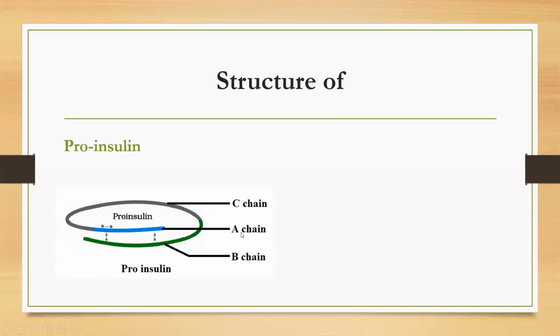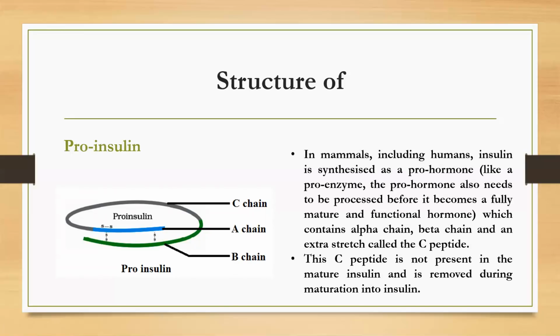This A chain is also called the alpha chain or the acidic chain. B chain is also called the beta chain or the basic chain, and the C chain is the connecting chain. So here A chain as well as B chain are connected by the C chain. These are the 3 polypeptide chains. And in pro-insulin, the A chain as well as B chain are interconnected by the disulfide bond. So this is the structure of pro-insulin.